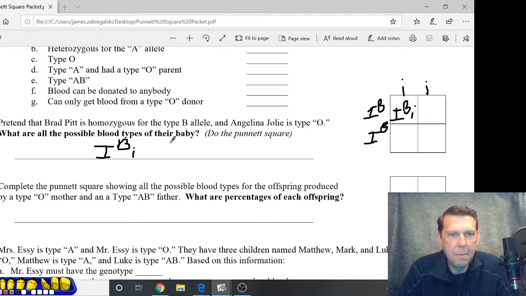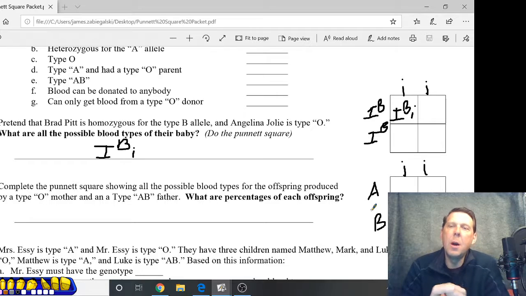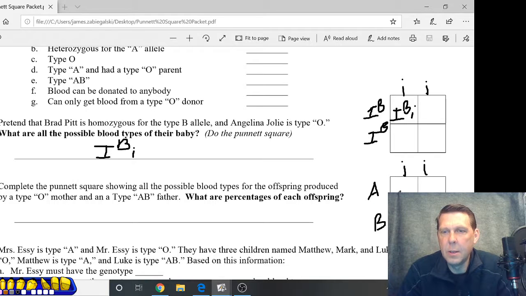All right. Complete the Punnett square showing all the possible blood types for the offspring produced from a type O mother and a type AB father. I always put mom on top. Mom is O and dad is A, B. Let's figure out if mom was O and dad was AB, what is the percentage of each offspring they have?